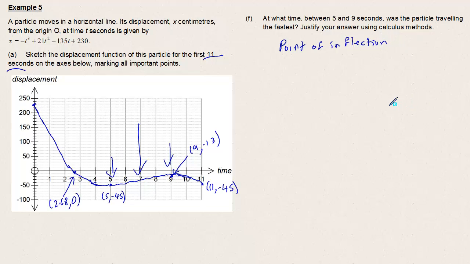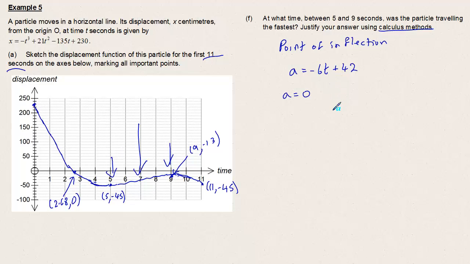Well, we already had the second derivative. We could find it from the graph, but it does say use calculus method, so we should show some sort of calculation. We had that the acceleration, which was the second derivative, was -6t + 42. So a would be equal to 0.